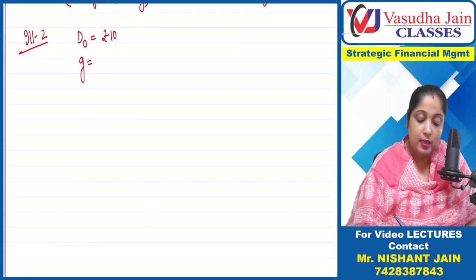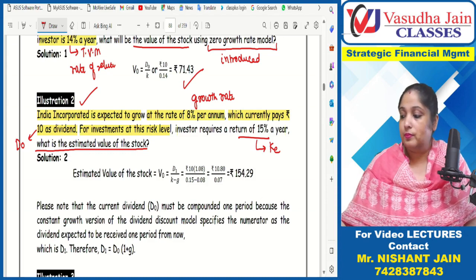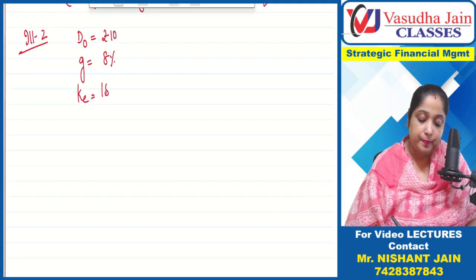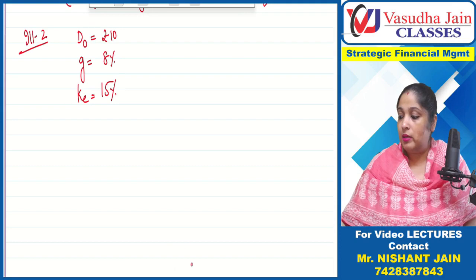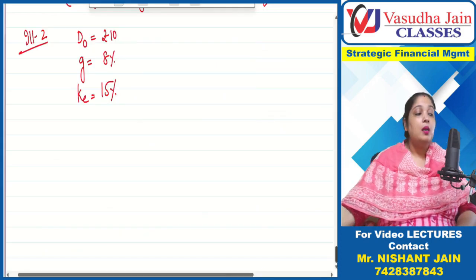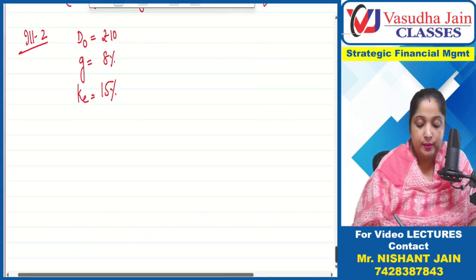Growth rate is 8%. Cost of equity, the return the equity shareholders want, is 15%. That is it. This much information is given to us. Now we have to find out the present value of the share, the value of the stock.